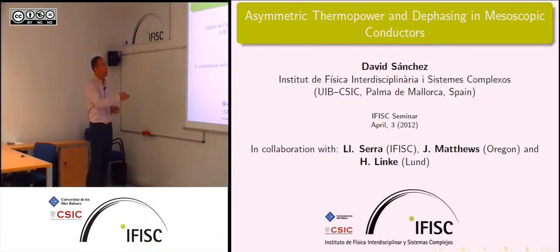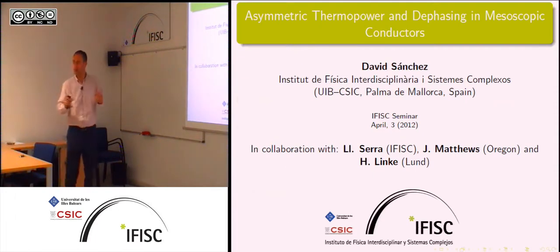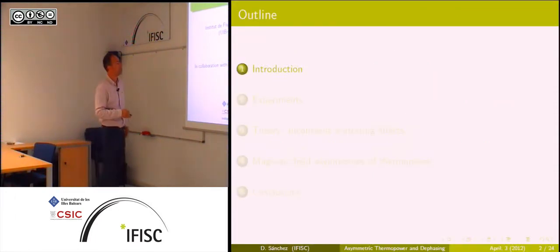And in the theoretical work, the main idea is that the thermopower in multiterminal structures becomes asymmetric in the presence of a voltage. So in both cases we have asymmetry, but the origin of this asymmetry is different.